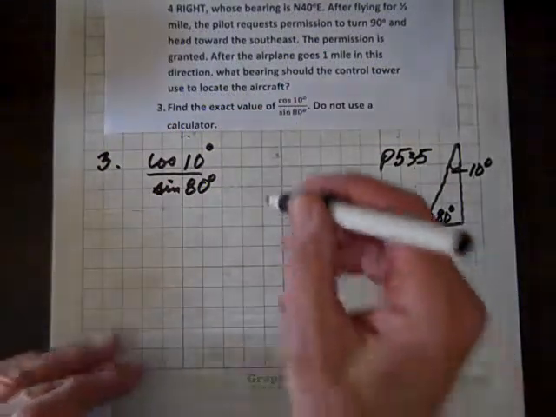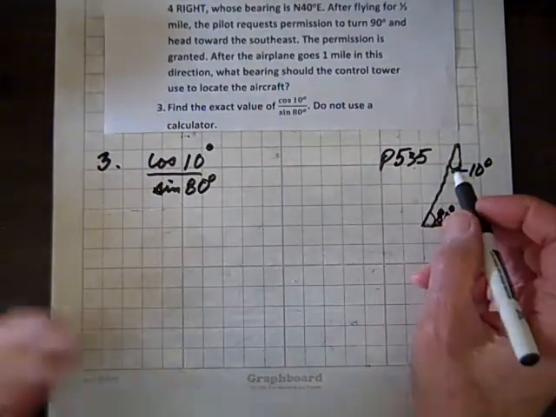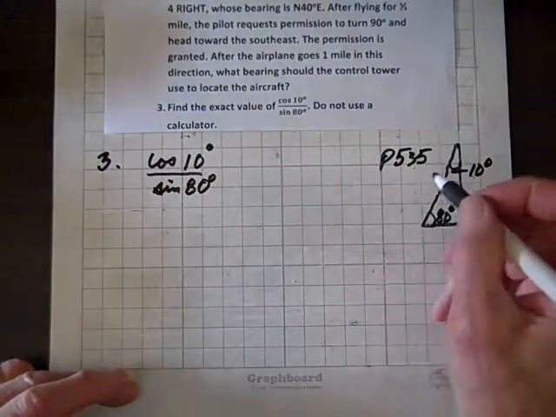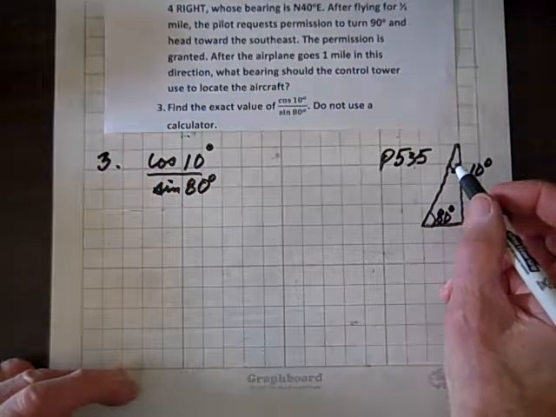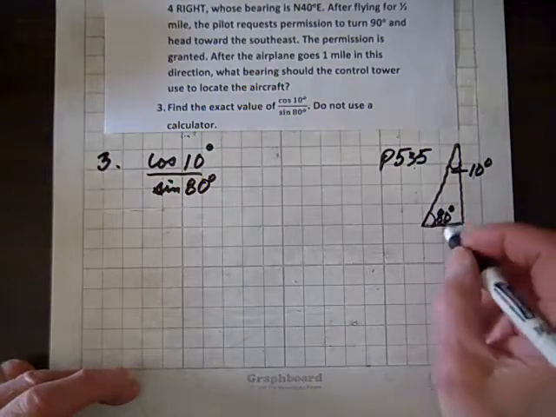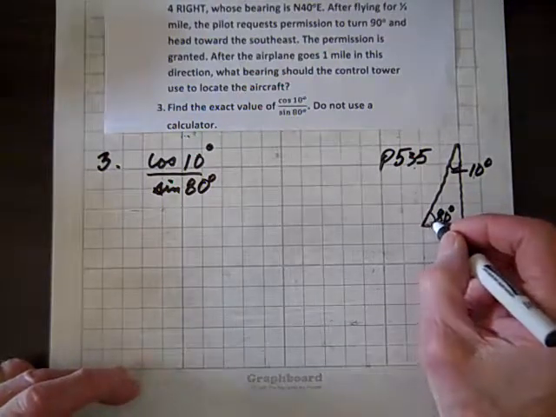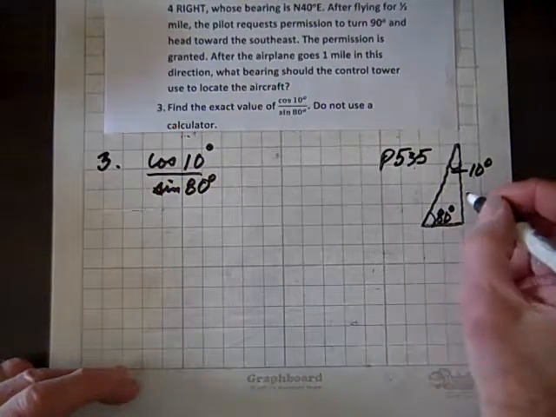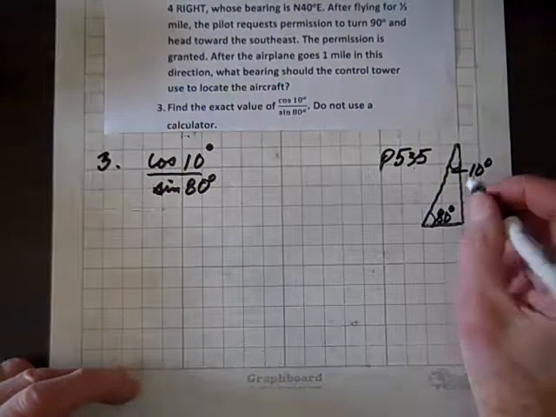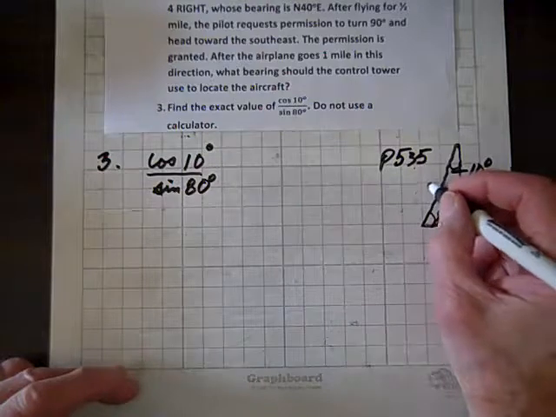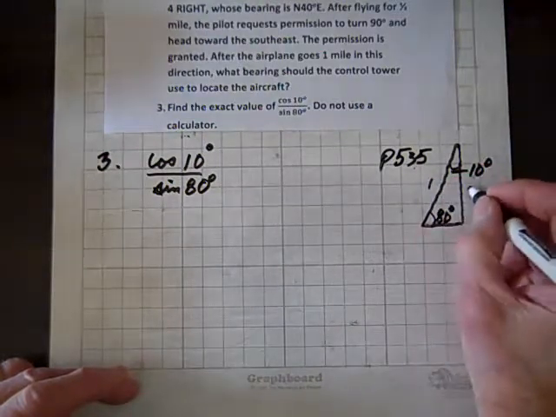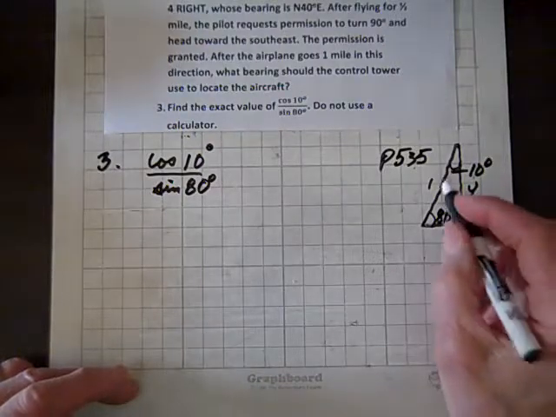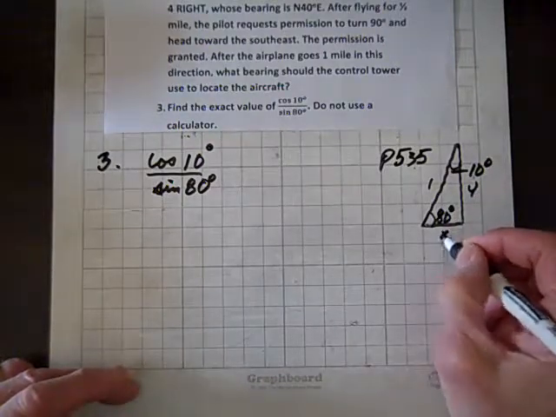Okay, now we're doing question 3 on the review for 7.1, and here's what it's based on. Page 535, it states that the cofunctions of complementary angles are equal. In other words, the sine of 80 degrees, in fact, let's say that I'll call this hypotenuse 1, and this is y, and this value is x.